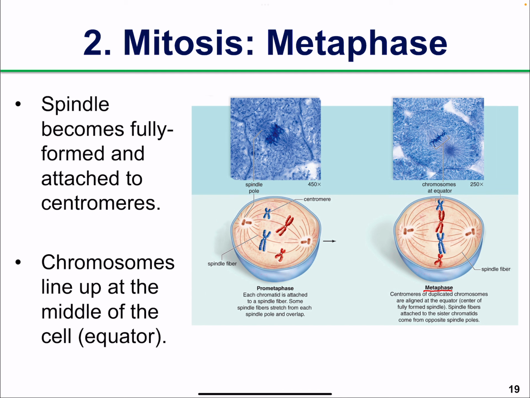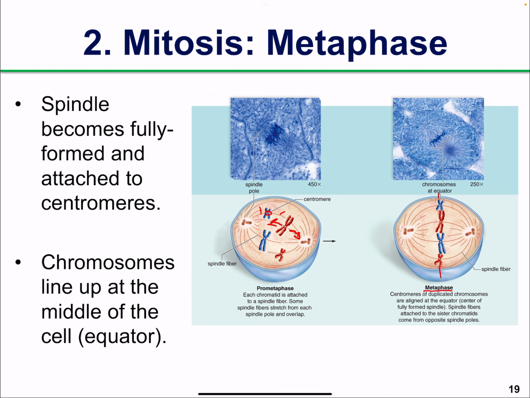During metaphase, the mitotic spindles are completely formed. They are completely attached to the centromeres, right? And they start pulling toward opposite direction. This one pulls this way, this one pulls this way, so that they are going to line up on the equator line.